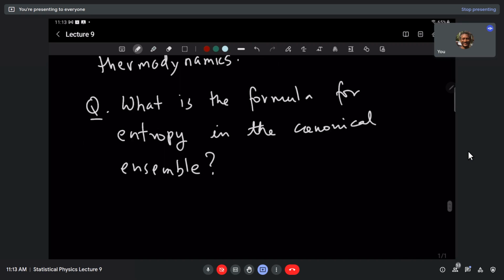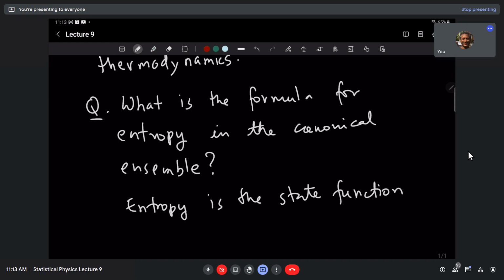I mean, remember, of course, entropy is a state function in which ensemble? Which ensemble would you use where entropy would be the state function? Microcanonical. Exactly. Okay, so it's a fundamental quantity there.